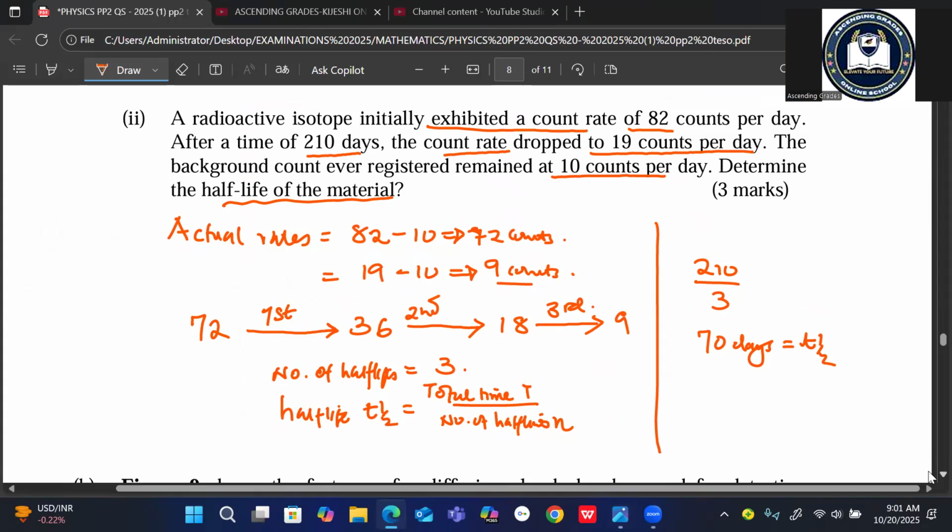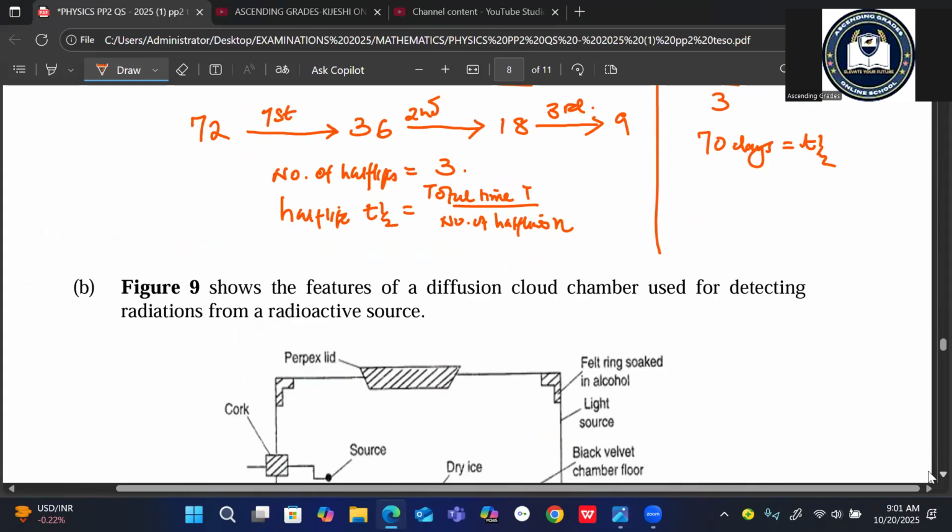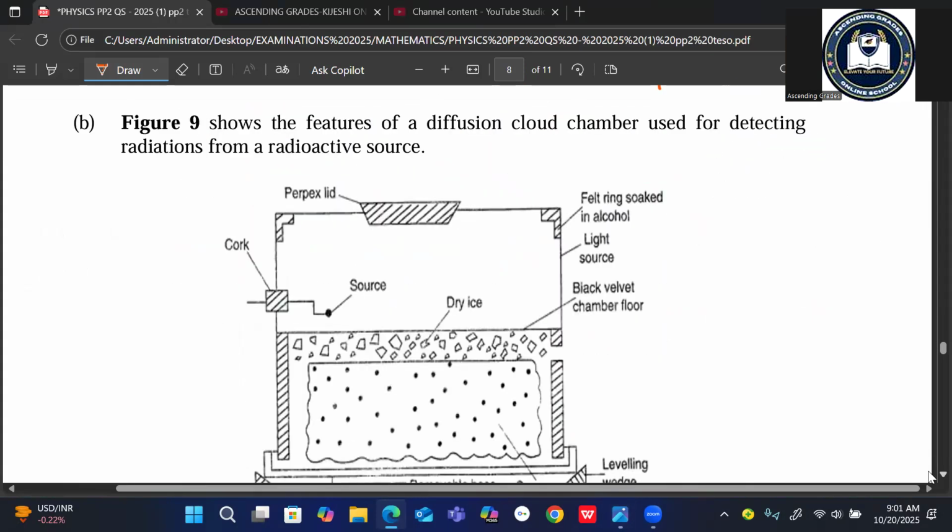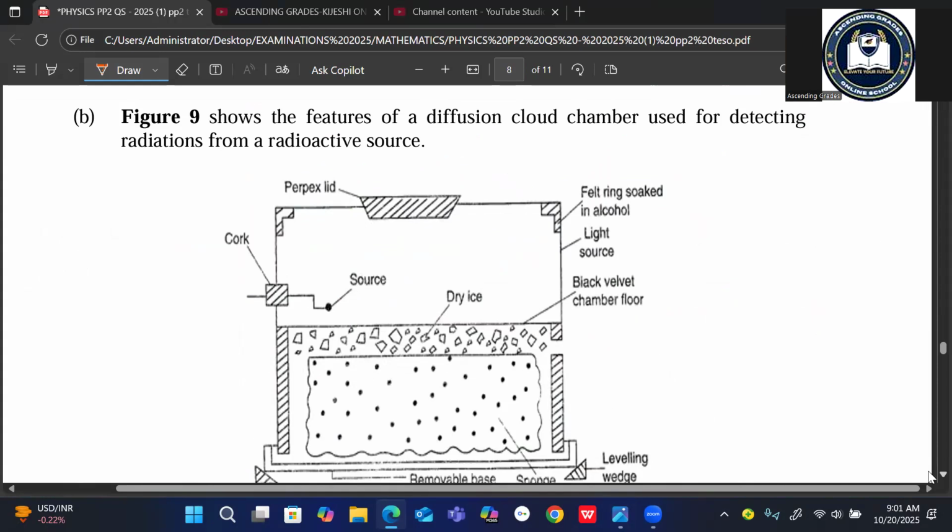Then now we can continue. We have our part B question, where we are given the cloud chamber. The figure shows pictures of a diffusion cloud chamber used for detecting radiations from radioactive sources.